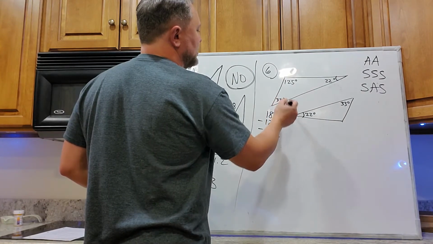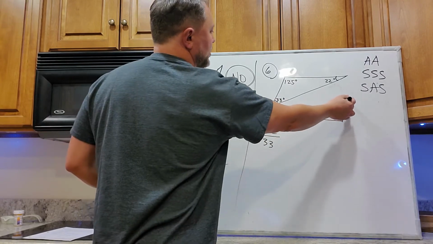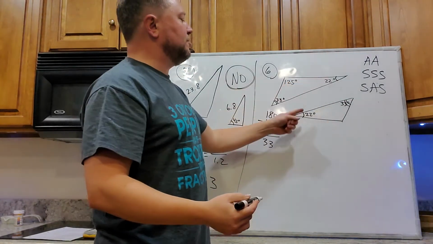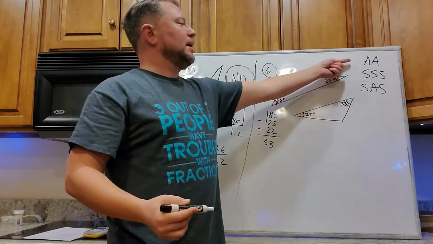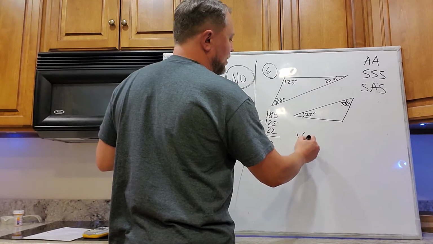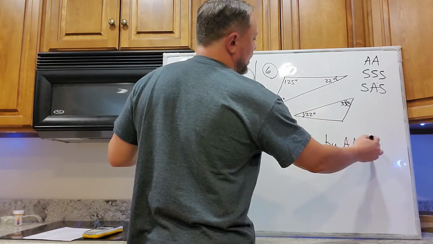Turns out that last angle does in fact match this one right there. 33, 33. And if two of the angles match like we have here, that's enough to say the triangles are similar by AA. So yes, by AA.